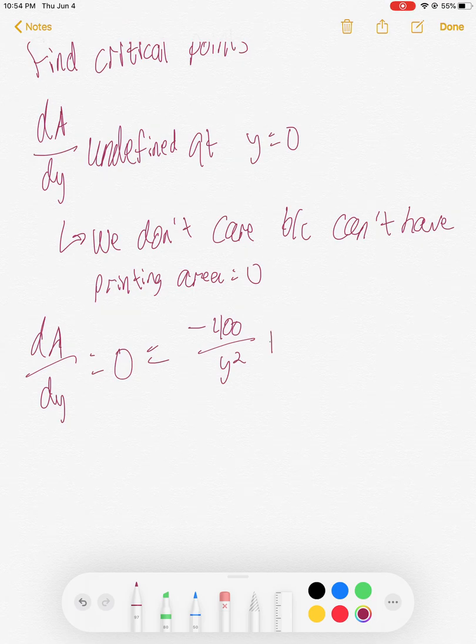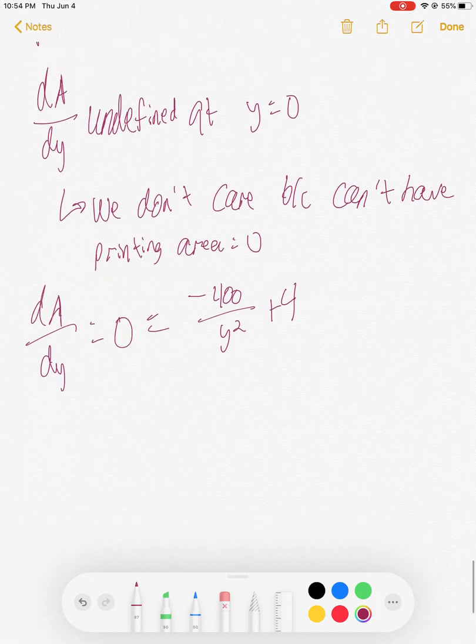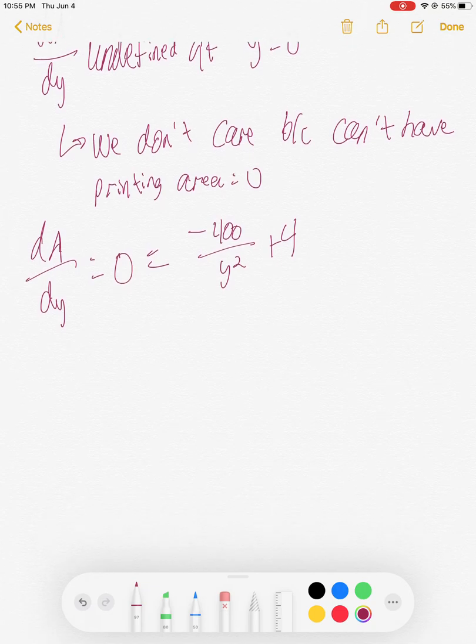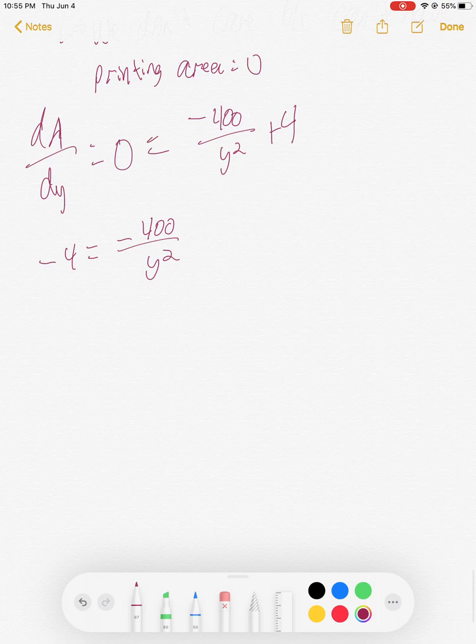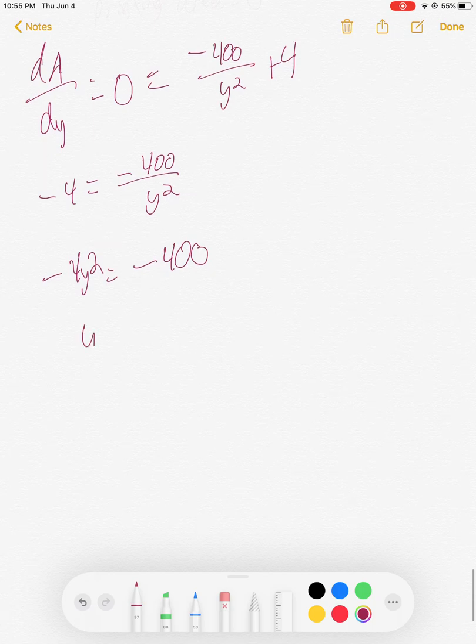So now let's set 0 equal to dA dy. So dA dy equals 0, and we want to set that equal to negative 400 over y squared plus 4. Okay, let's go ahead and solve for y. Then we get negative 4 equals negative 400 over y squared.